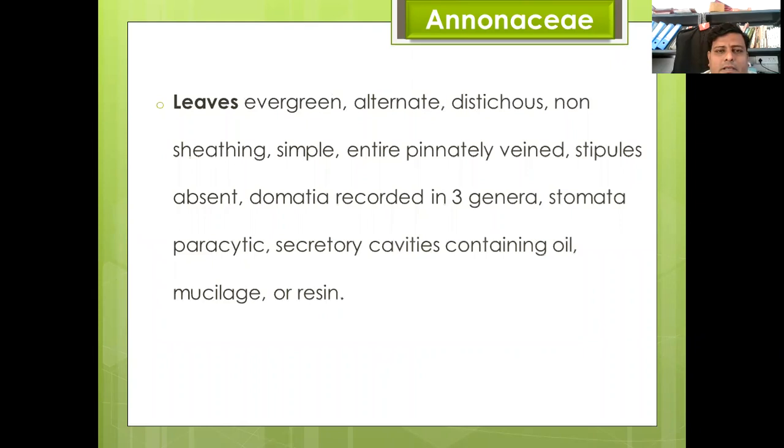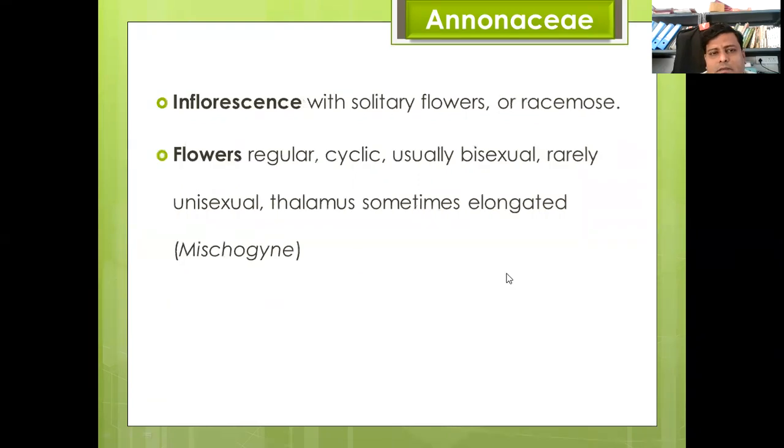Leaves are evergreen, alternate, distichous, non-sheathing, simple, entire, pinnately veined, stipules absent. Domatia recorded in 3 genera, stomata paracytic, secretory cavity contains oil, mucilage, or resins.